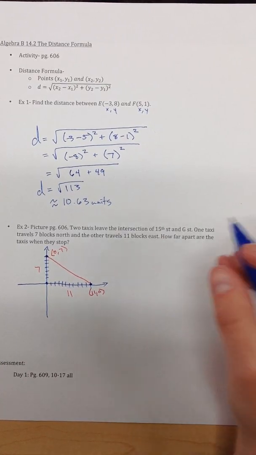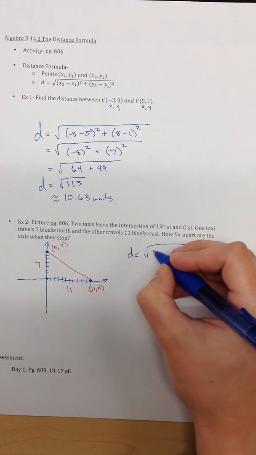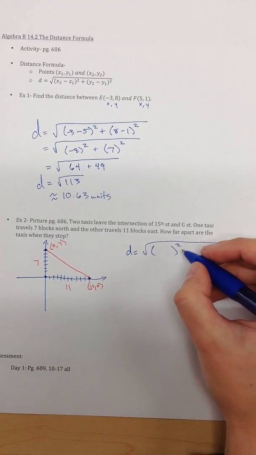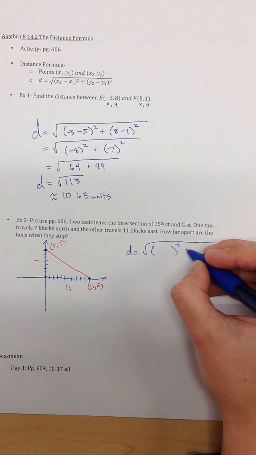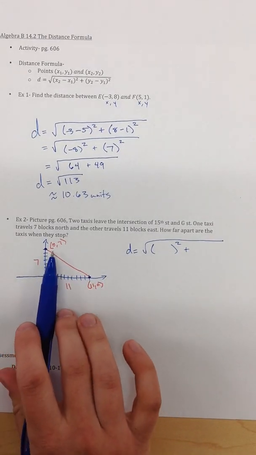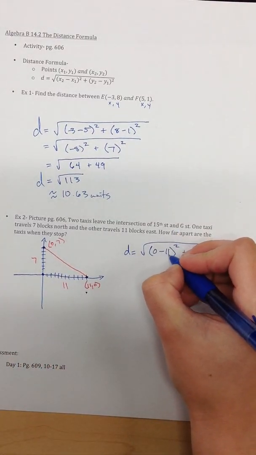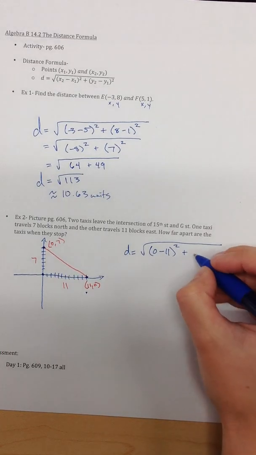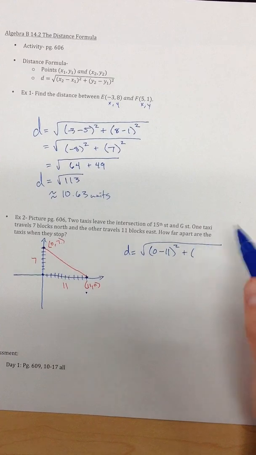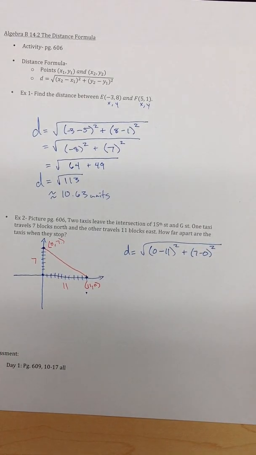So I'm going to use that distance formula. Distance is equal to the big square root of my x's subtracted from each other and then squared in parentheses, added to my y's subtracted. My x's here would be 0 and 11, so 0 minus 11, plus my y's, 7 and 0, so 7 minus 0, squared.